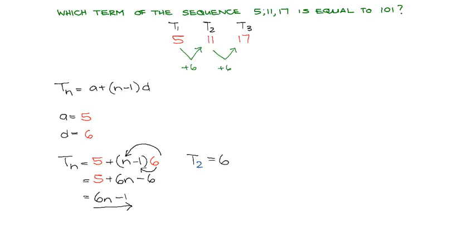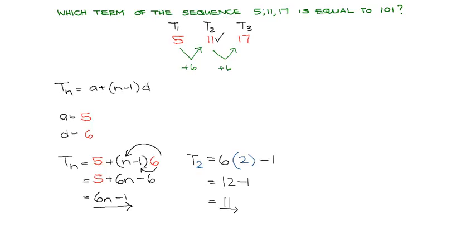Ooh, I've just bumped into an n, so that means we need to plug in a 2. And minus 1. Awesome. So let's think about this. 6 times 2, well, that's easy. It's 12. And 12 minus 1, let's check. It is 11. Is that the value of our second term? Woohoo! It is. That means our general term is correct.